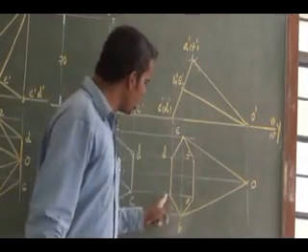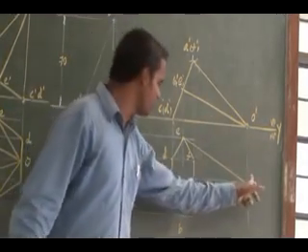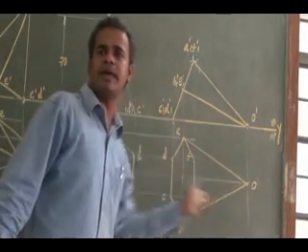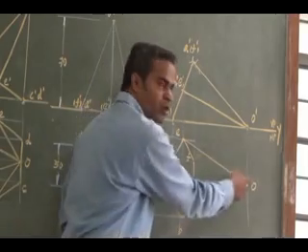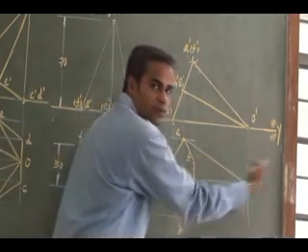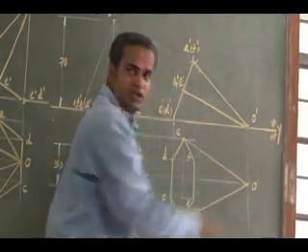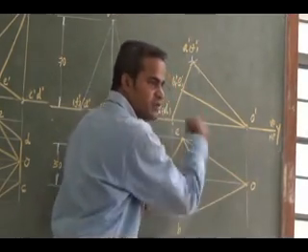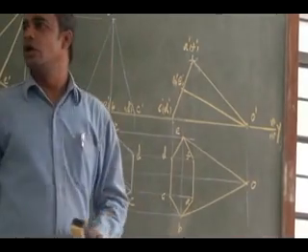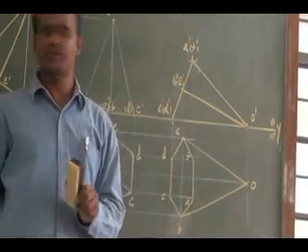So the same CO and DO, if I join it in my top view, it is going to cross the fully visible base. If I join AO, it is not crossing. If I join FO, it is not crossing. BO, it is not crossing. If I join C and O slant edge, it is going to cross the fully visible base.